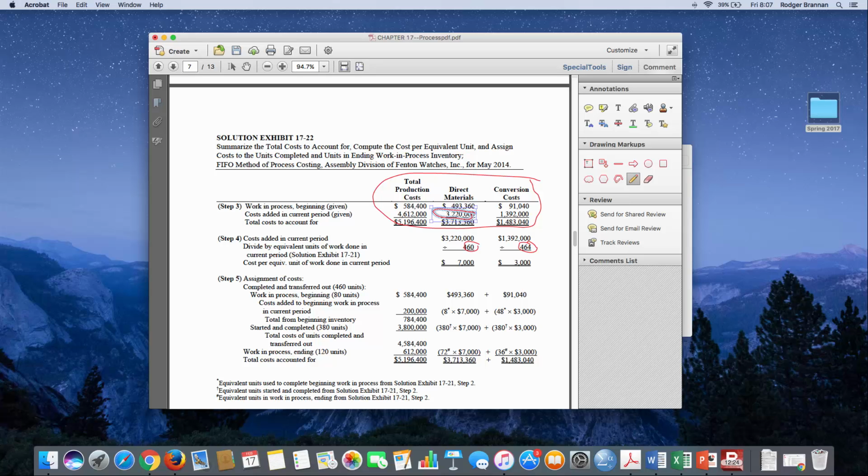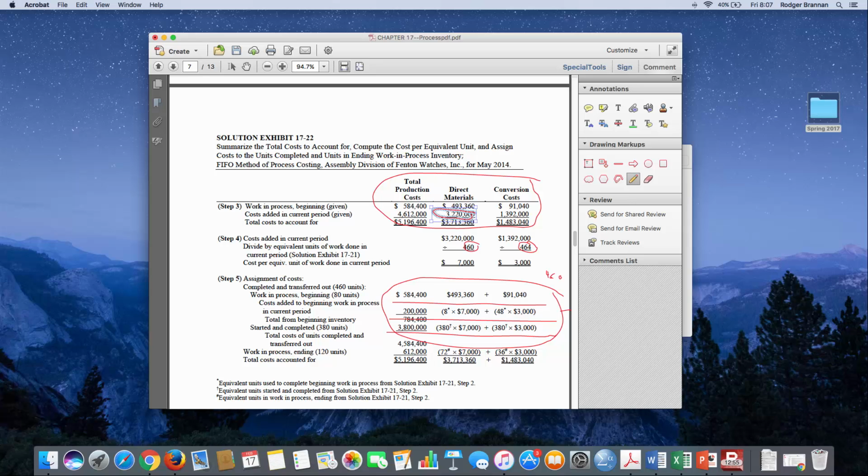Now, step number 5 is where it gets a little bit tricky. What I have here is basically layers. These 3 layers constitute the amount that's associated with the 460 items that went over to finished goods. I had some cost, the 493,360, that were in beginning inventory. Again, I don't ignore that. Those are relevant costs. I have to include that.